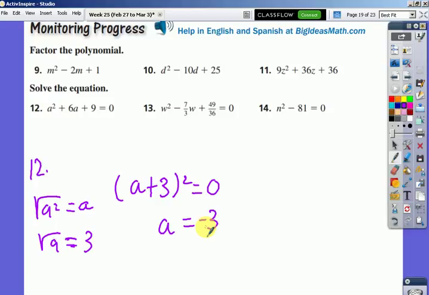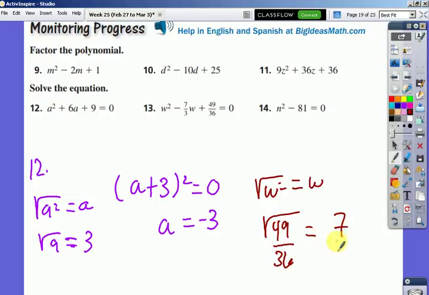Okay, the next one. Do I have perfect squares? I do. So I'm going to take the square root of w squared and the square root of 49 over 36, which gets me what? 7/6. When I take 7/6 times w, and I double that, does it reduce to give me 7/3?